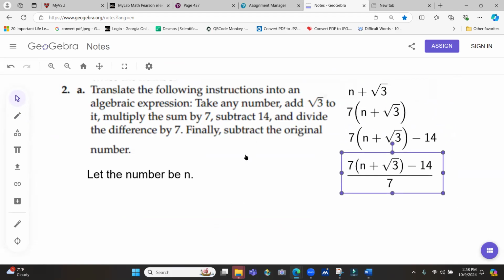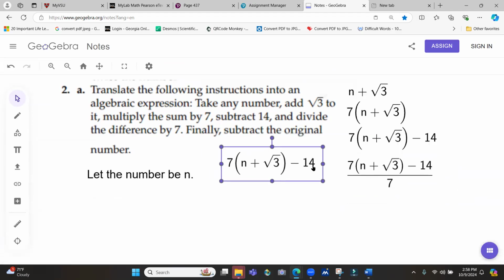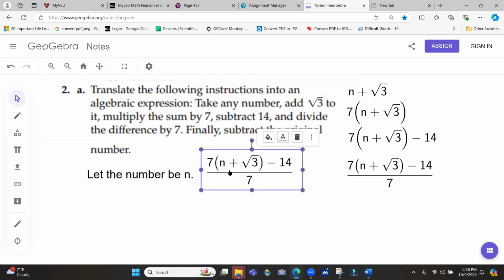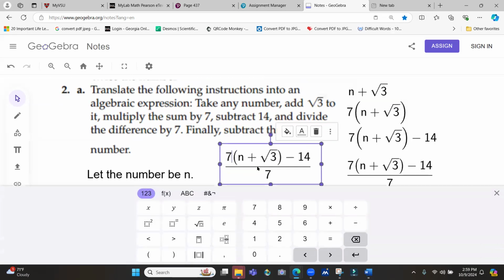Before I subtract the original number, which is n, I'm going to simplify this, and it'll help me deal with it a little better. I divide 7 by 7 and get 1, and 14 divided by 7 is 2.